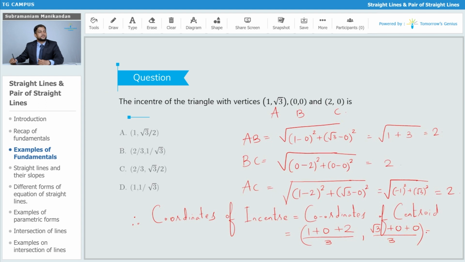And that is 3 divided by 3, so that's 1, and root 3 divided by 3, that's 1 over root 3. Thus, we get option D as the correct answer to this question. The in-center of this triangle is 1, 1 over root 3.